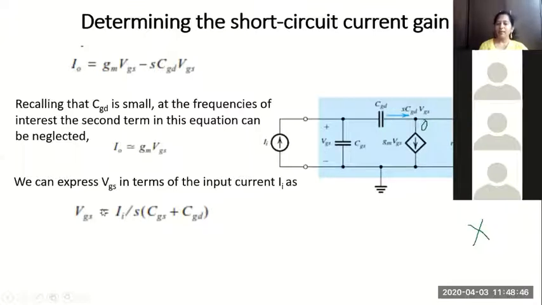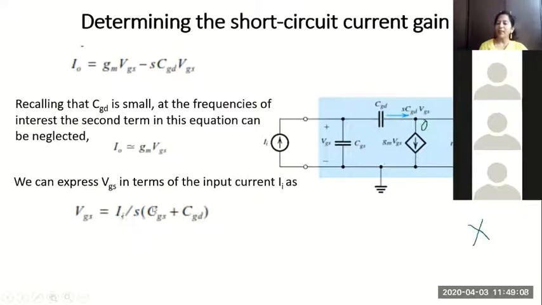And what is the parallel combination of two capacitors? CGS plus CGD. Okay. So the value of the voltage is given as current into the effective capacitance.